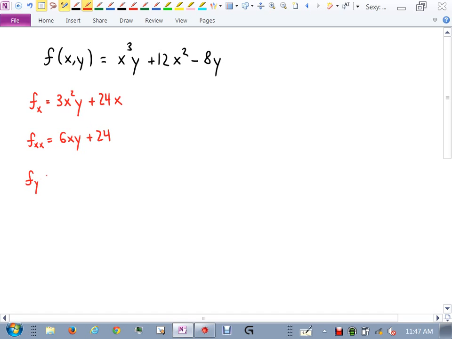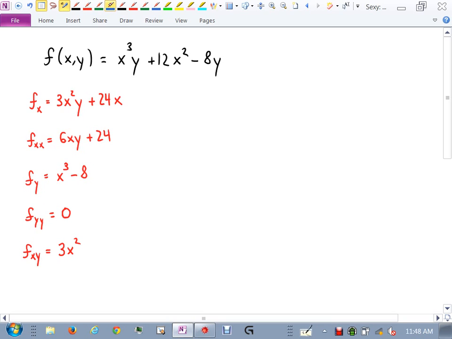Partial with respect to y is x cubed minus 8. Partial with respect to y again is what? 0. Partial with respect to x followed by y is 3x squared. Okay.